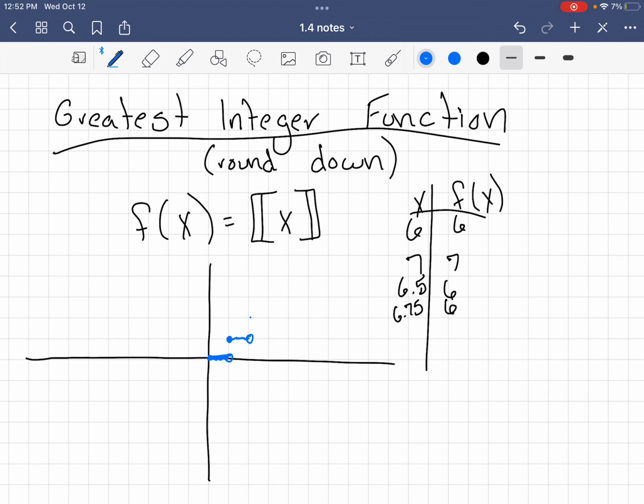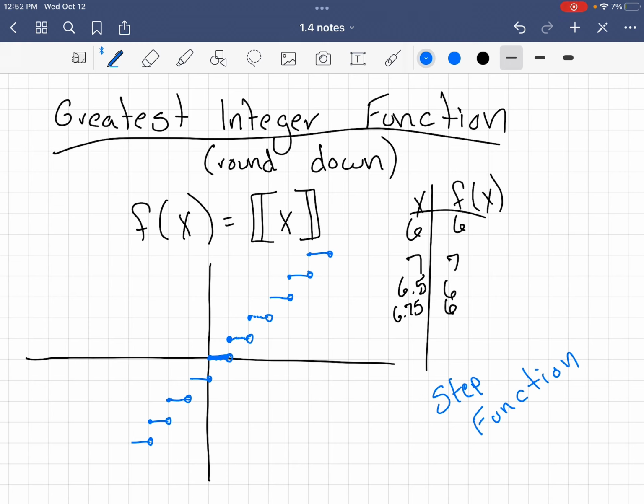So this function is going to look like this: closed dot, open dot, closed dot, open dot, and then closed dot, open dot. Hence why it's called a step function, because it looks like stairs.